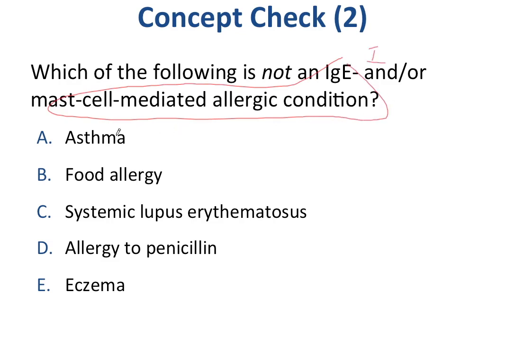So let's see which is type 1. Asthma, yes. Food allergy, yes. Eczema, yes. So the correct answer is C. Systemic lupus erythematosus is not type 1.